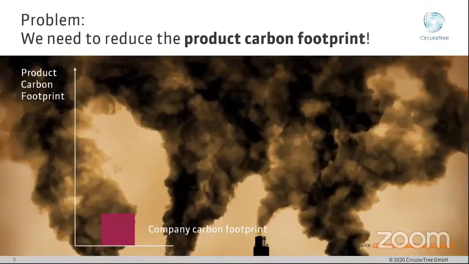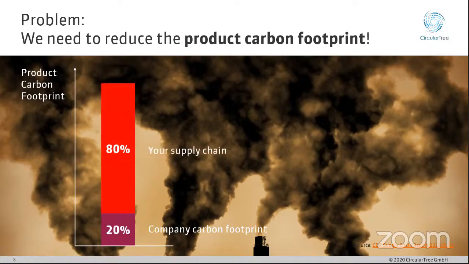Now, you see some large companies have already published their company carbon footprint, and some have provided targets on when they want to become climate neutral. The big problem, however, is the product carbon footprint.